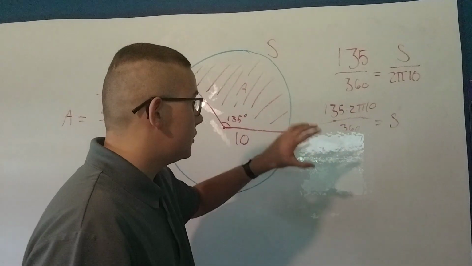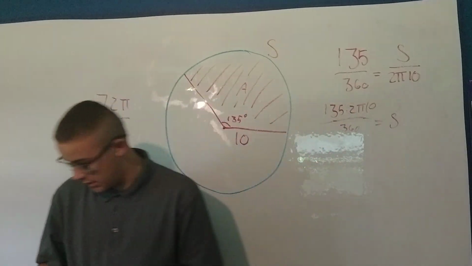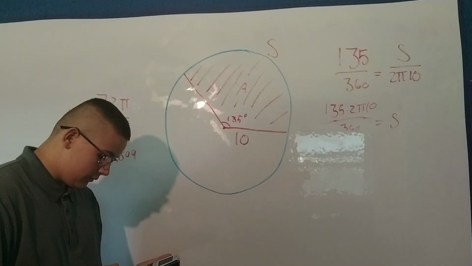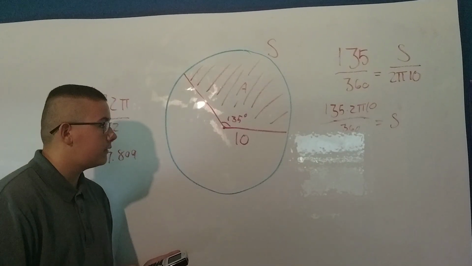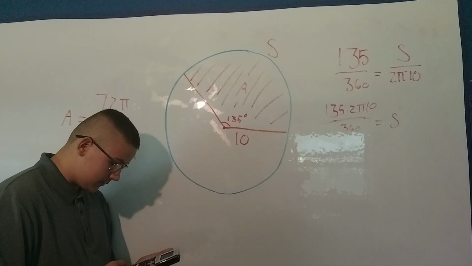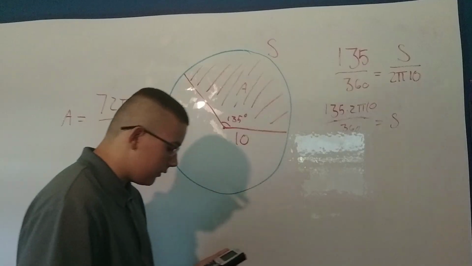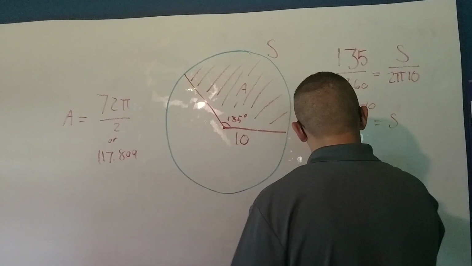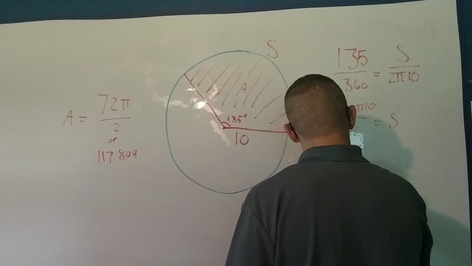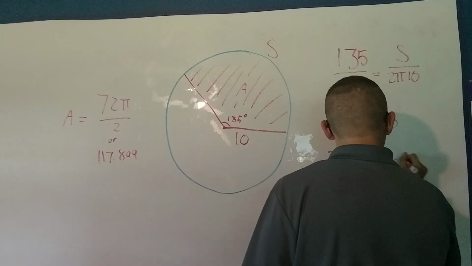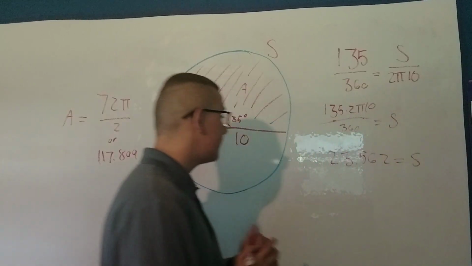And then from there, we just plug that into the calculator, right? So 135 times 2 pi 10 over 360 is 23.562. 23.562 equals S, like that.